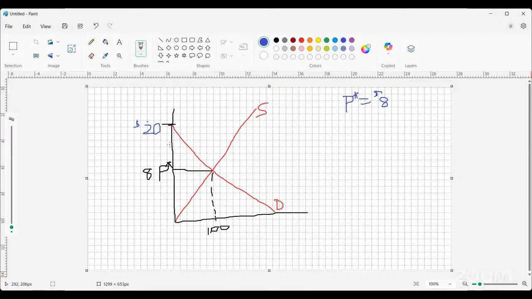Now, taking the willingness to pay concept, imagine depending on your income level or effort level, your willingness to pay for this good is $10.